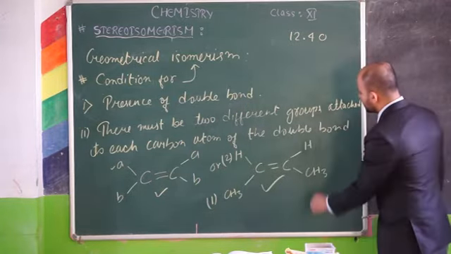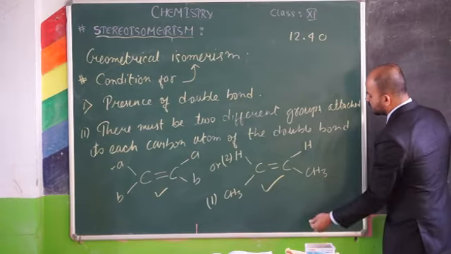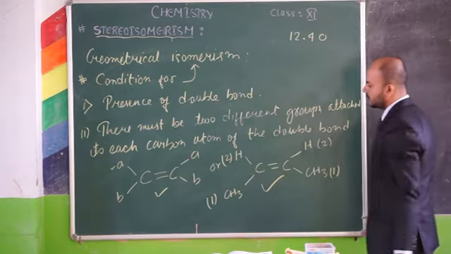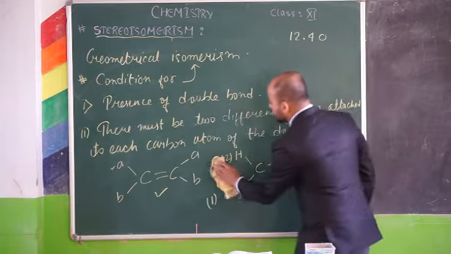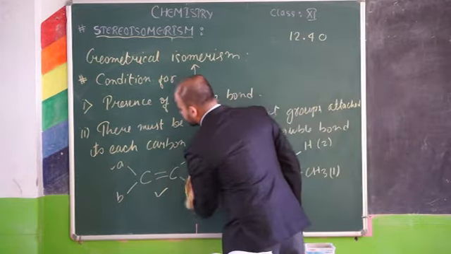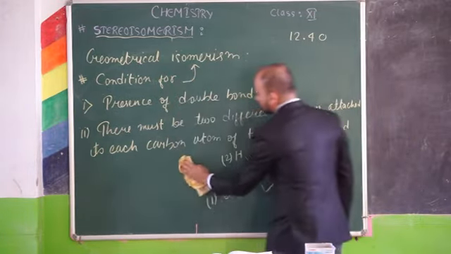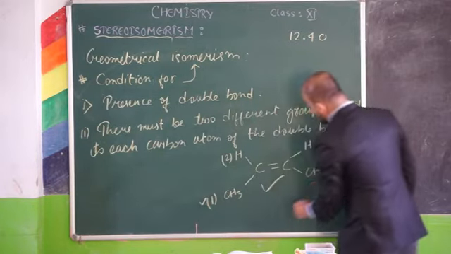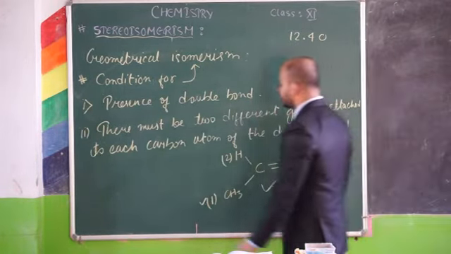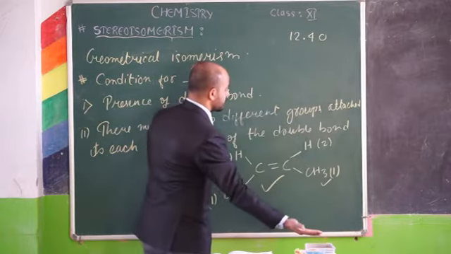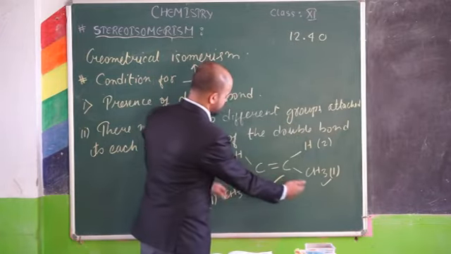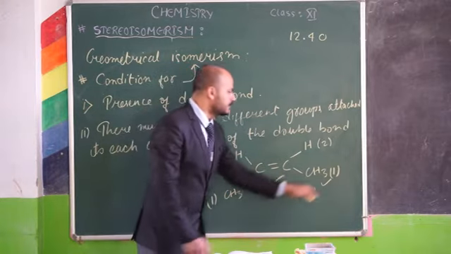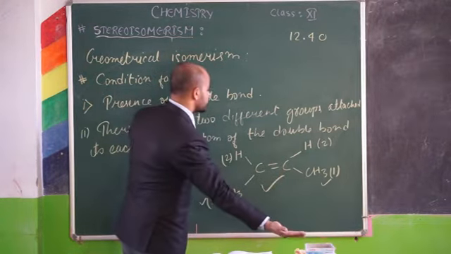Similarly here, CH3 is having more molecular weight, higher priority 1, and hydrogen is 2. Now in this particular compound, you can see that the more priority group 1 is lying on the same side of the double bond. Double bond is present here, and these higher priority groups, that is CH3, are lying on the same side of the double bond.